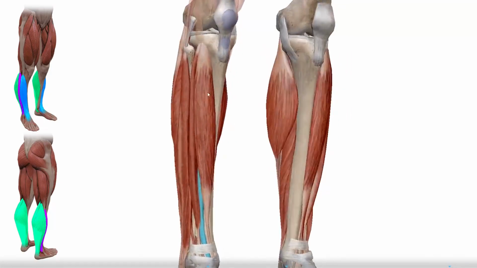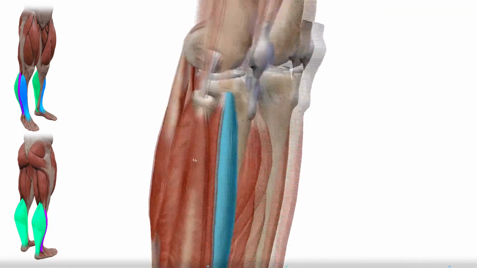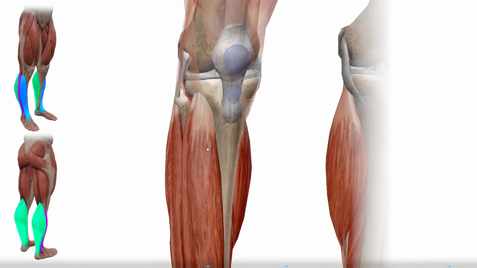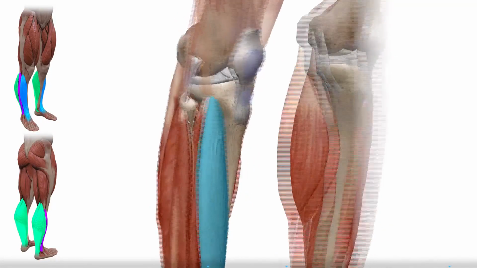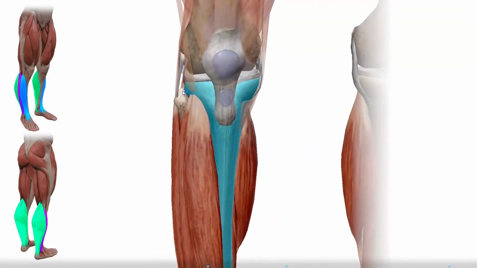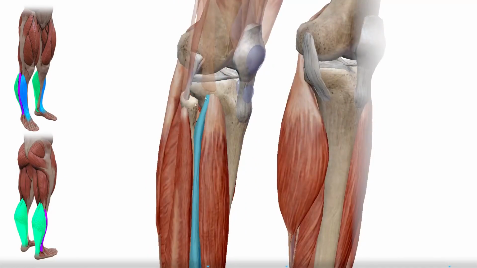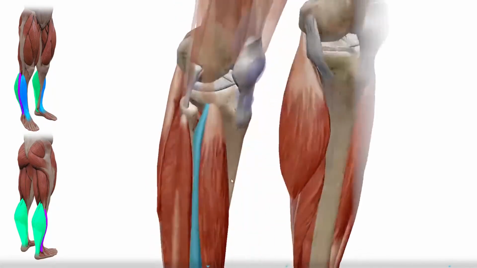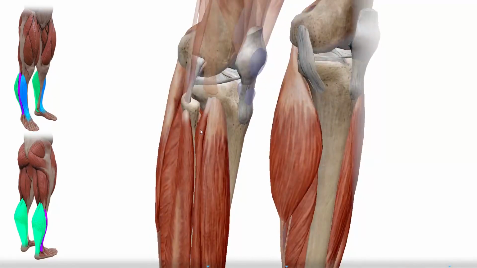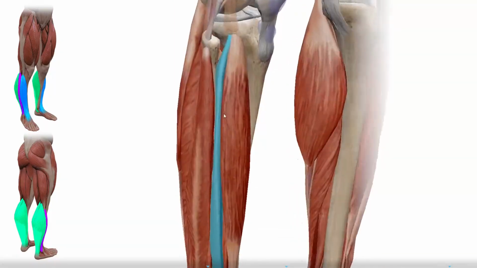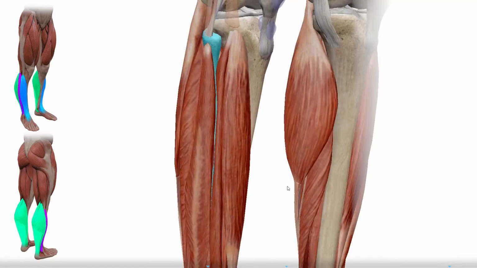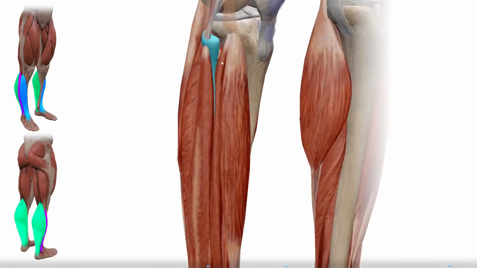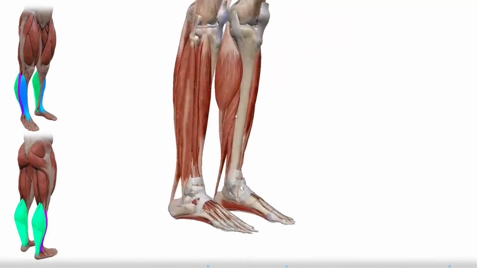But as far as the connection points towards the top here, towards the knee, the tibialis anterior is going to attach onto the outer side of the tibia, and same thing with the extensor digitorum longus, except the extensor digitorum longus, this one is also going to share an attachment point with the fibula. So it's going to kind of be a connection between both of those bones. And this pretty much wraps it up when it comes to the lower leg.